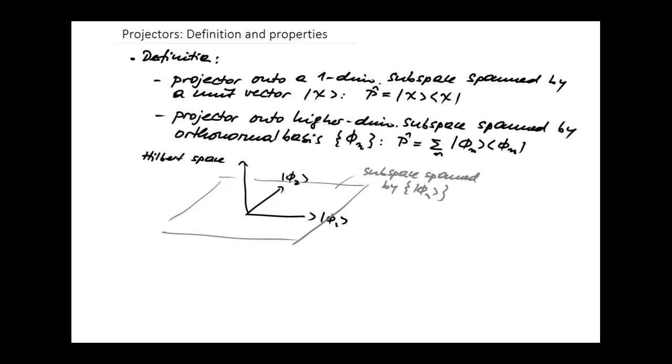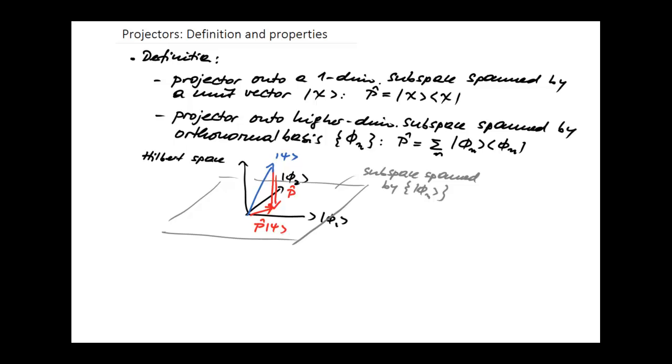Now, what I want to achieve is the following. If I have an arbitrary state psi, then I want to have a projection operator P that projects the original state psi onto this two-dimensional subspace.